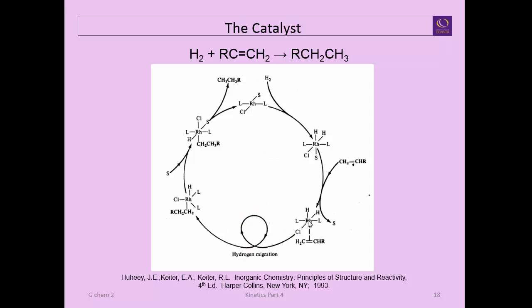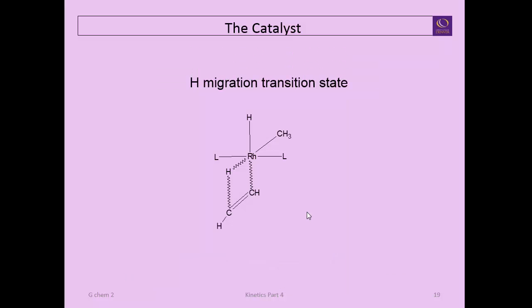In that hydrogen migration, the double bond is trying to form new bonds with the hydrogen. If you could see that in three-dimensional space, this octahedral complex transition state that's formed positions one of the hydrogens right over the top of one of the carbons that it's trying to form a new bond with.